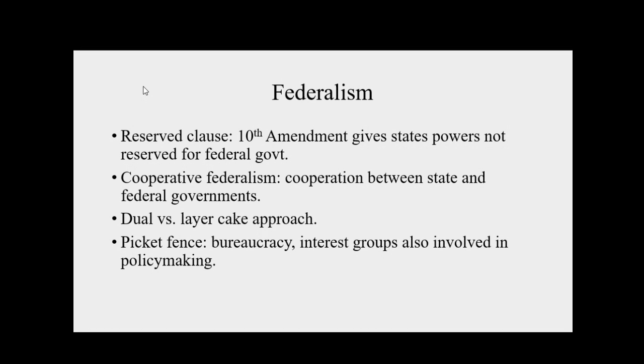So federalism originally was kind of like a layer cake. The state government was vanilla and the federal government was chocolate. And if you sliced into it, you got both layers. But now it's more like a marble cake. The chocolate and the vanilla are swirled together. So you see more of an intermingling, more cooperation between the federal and the state governments.